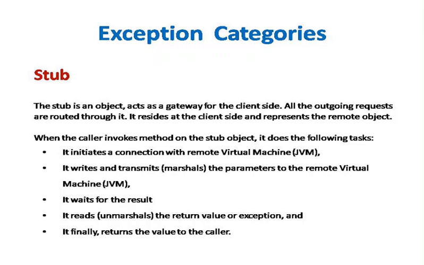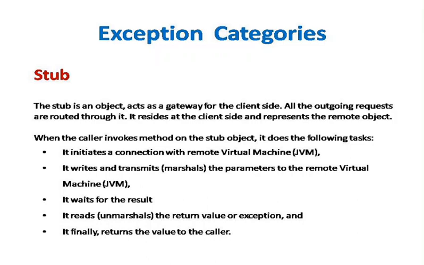So what is a stub? It is an object that acts as a gateway for the client side. Stub always stays on the client side for remote method invocation. It initiates the connection and writes. Whenever we communicate with the other system, we have to convert the information, that is the request.